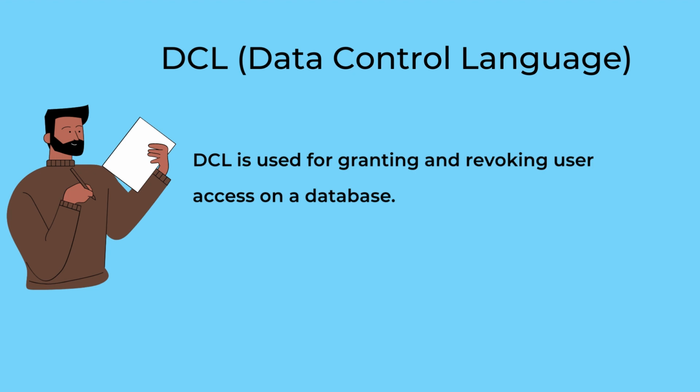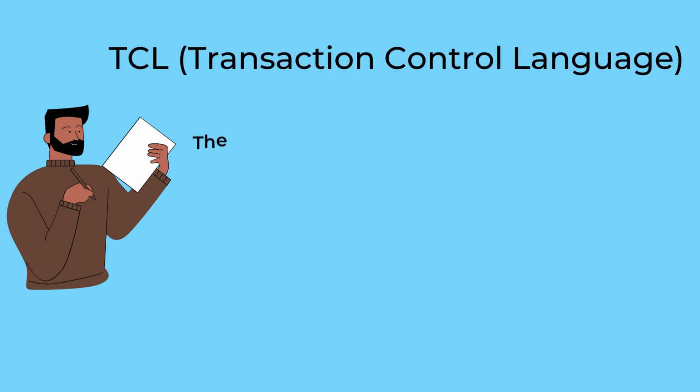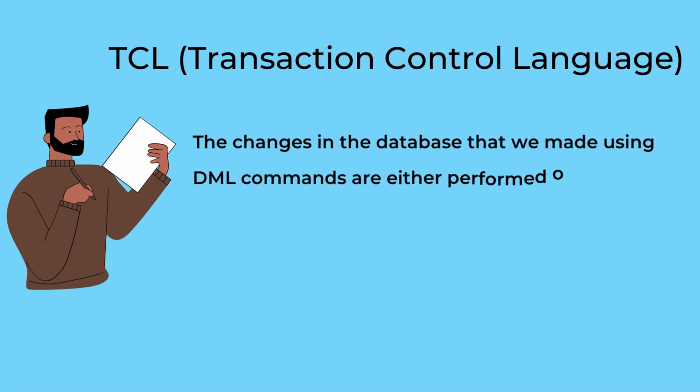Revoking means whatever access privileges have been given to the users can be taken back at any point of time. For that we have to use the revoke command. The last is TCL, transaction control language. Whatever changes we have made in the database by using various DML commands will either be committed or rolled back using TCL.